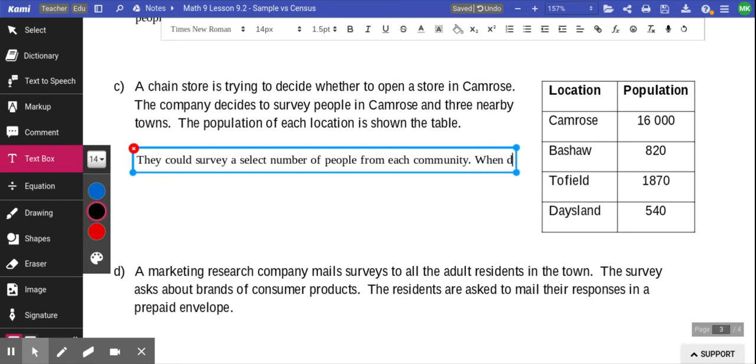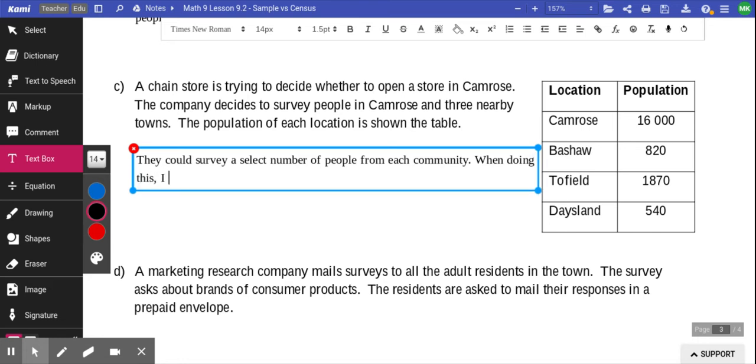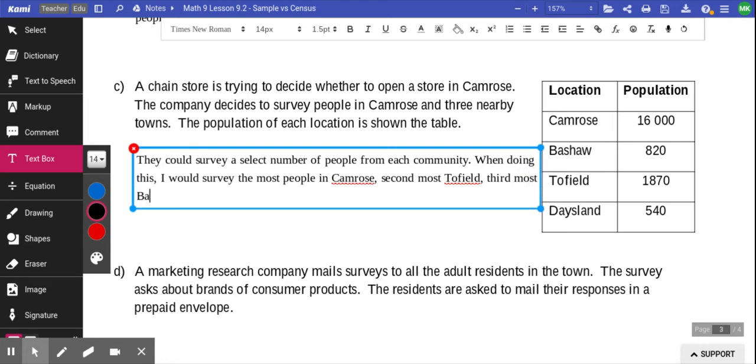When doing this, I would survey the most people in Camrose, second most Tofield, third most Bashaw, and least from Daysland. The reason why is I want it to be proportionate, right? I don't want to have 200 people from Daysland and 200 people from Camrose.